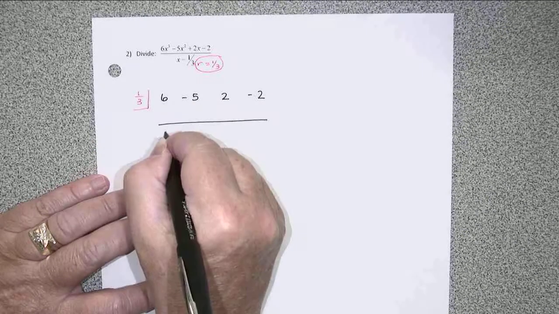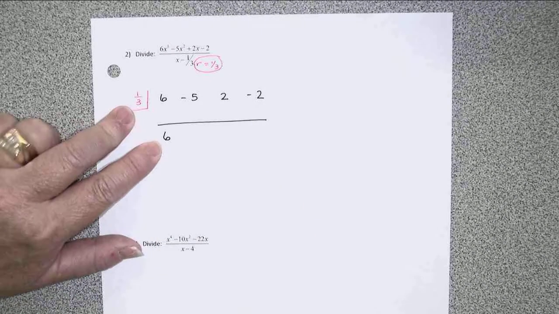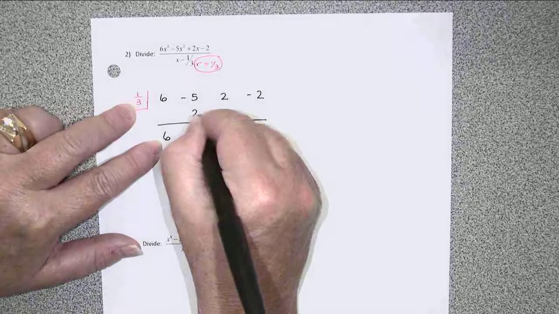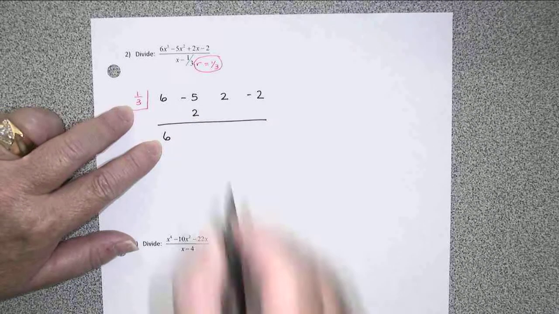I start the process by bringing down the 6. Then I start this pattern of multiply, add, multiply, add, multiply, add. Multiplying. 6 times 1/3 is 2. If fraction multiplication is not your forte, you can always use a calculator to do that.